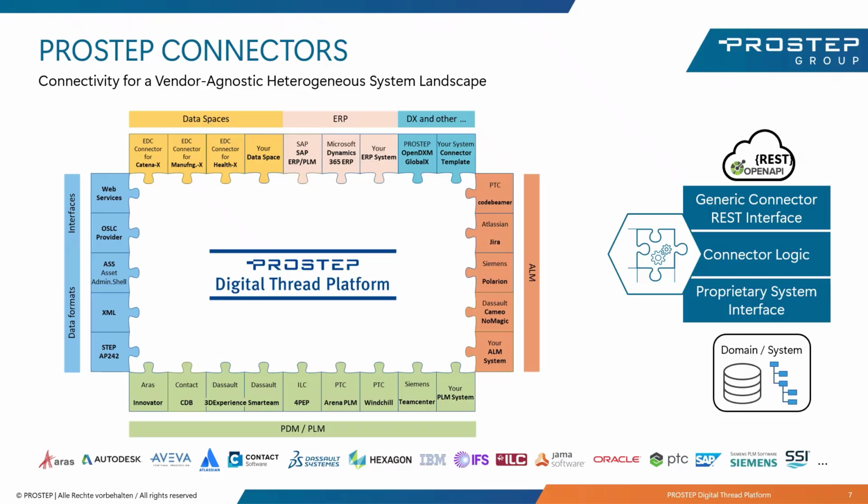But it could also be things like translation of CAD data, mapping from one source to another, or traceability in linking data. All that becomes very simplified because you have a standard interface for each of these connectors with a standard data model in the middle.